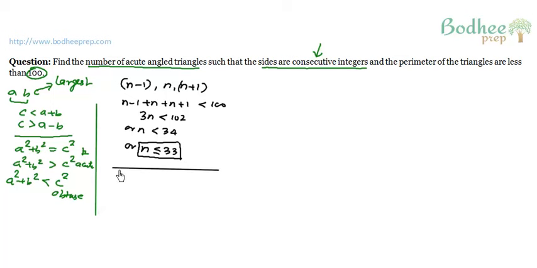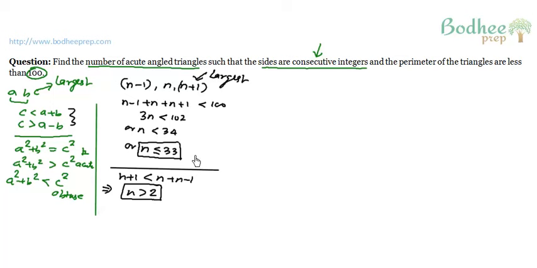Also, let us apply the triangle inequality. Here n plus 1 is the largest side of the triangle. So I can say that n plus 1 must be less than n plus n minus 1, which gives me n should be greater than 2. So this is also a condition on n.